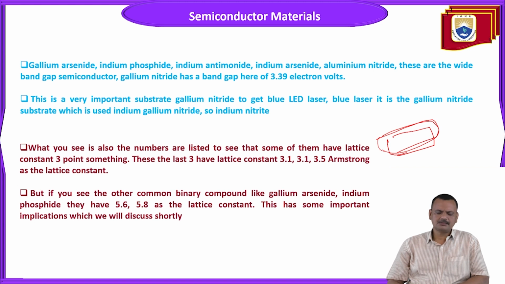I already discussed that. So I want to mention it here. It means if you have a shorter lattice constant value, there are chances that you will get a higher band gap value. And if you are using a material with a higher lattice constant, there is a chance that you will get a material with a lower band gap value.